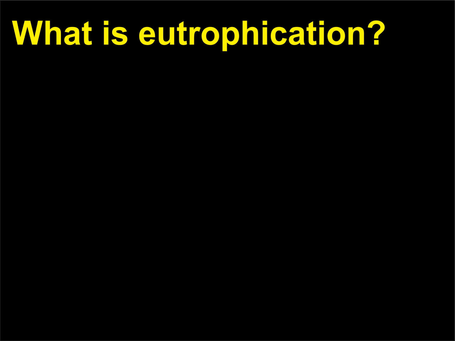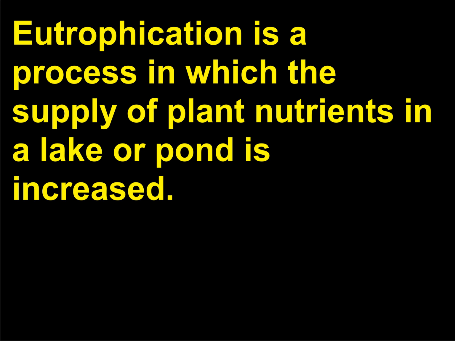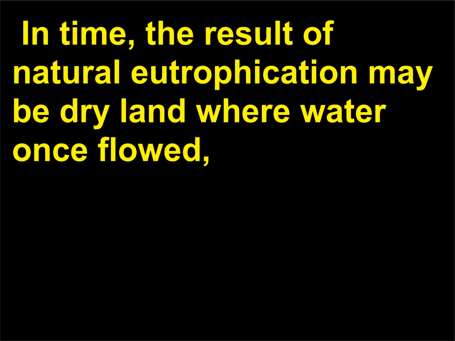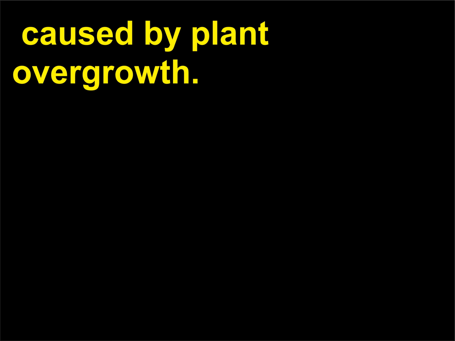What is eutrophication? Eutrophication is a process in which the supply of plant nutrients in a lake or pond is increased. In time, the result of natural eutrophication may be dry land where water once flowed, caused by plant overgrowth.